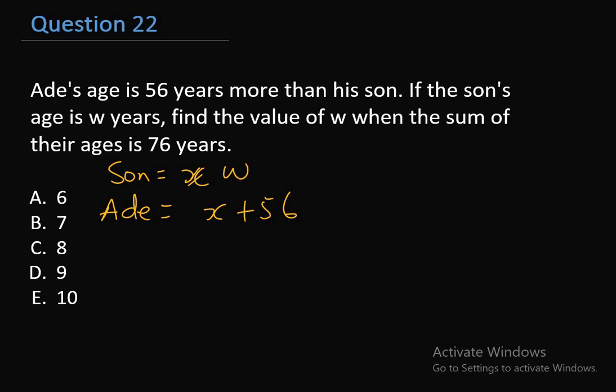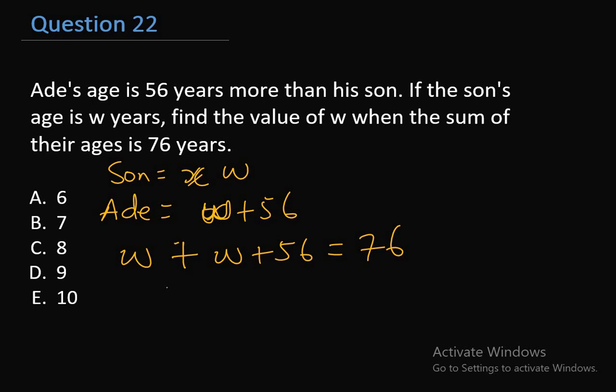So the son is w, Ade is w + 56. Find the value of w when the sum of their ages is 76. W, the son's age, plus Ade's age, which is w plus 56, equal to 76.